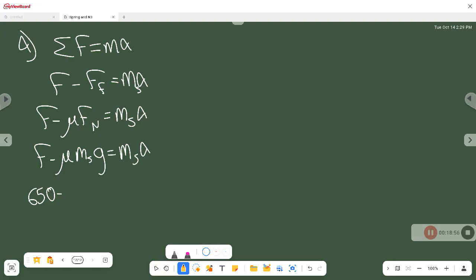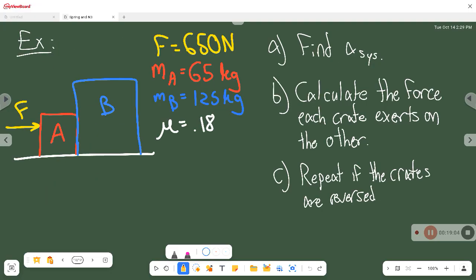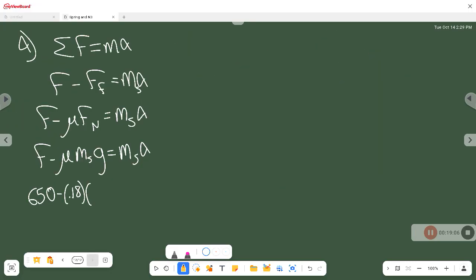Force F is 650, coefficient of friction is 0.18. Mass is the whole mass of the system, so let's go back and double check. That's going to be 65 plus 25, so that's 190 times 9.8 equals 190 times that acceleration of the system that we are solving for.